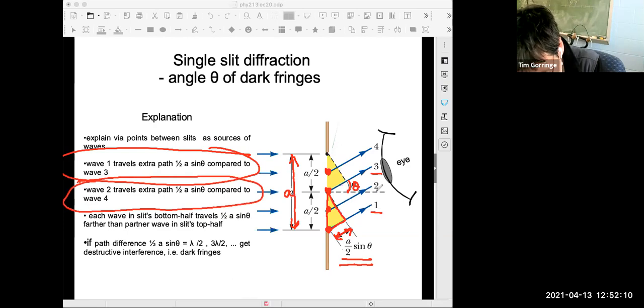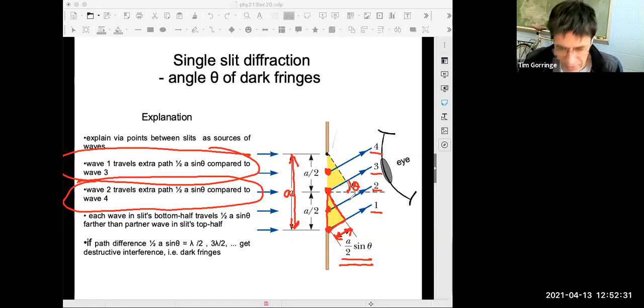So think about wave 2 and 4. Wave 2 also travels a little extra distance compared to wave 4 towards your eye. And it's that same extra distance, 1/2 a sine theta.